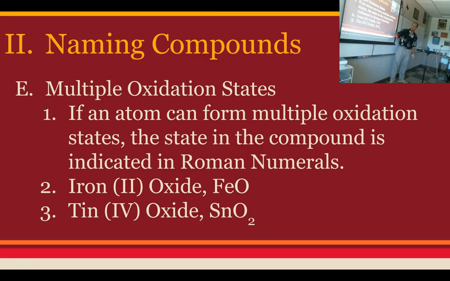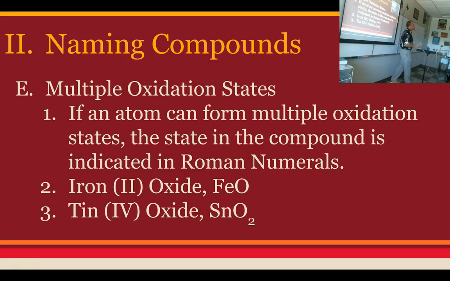So in this particular molecule, FeO, oxygen always has a -2 oxidation state if it's in a bond. So in order to be balanced, the iron here must be in a +2 oxidation state. So we would tell the person that in this molecule, iron has adopted a +2 oxidation state, and so we would say iron 2 oxide.